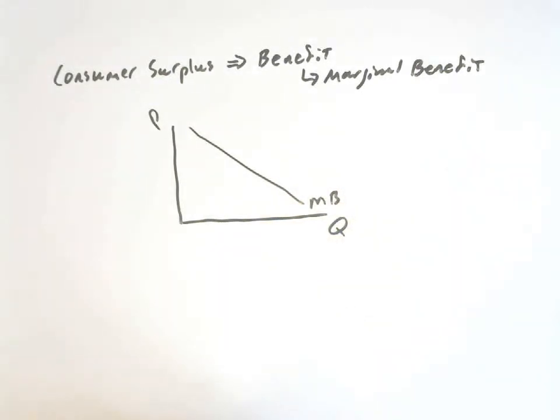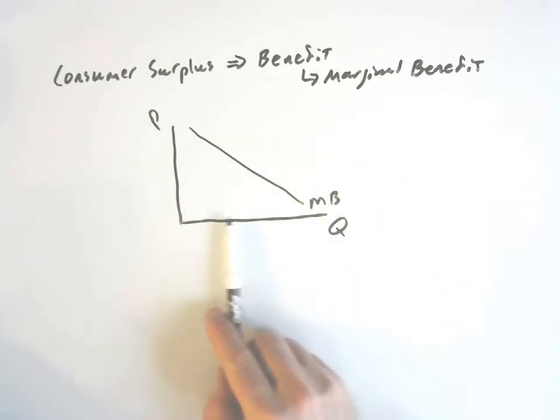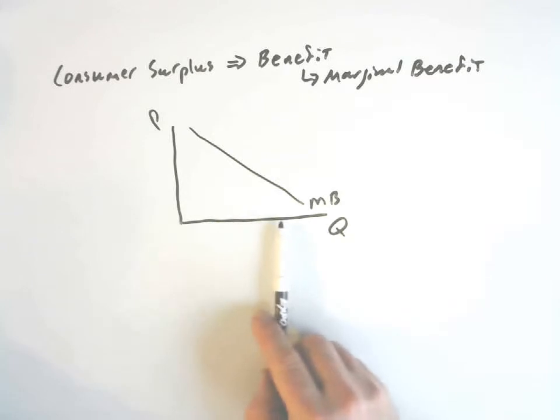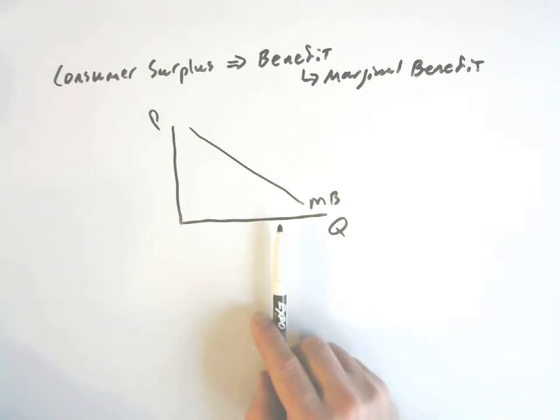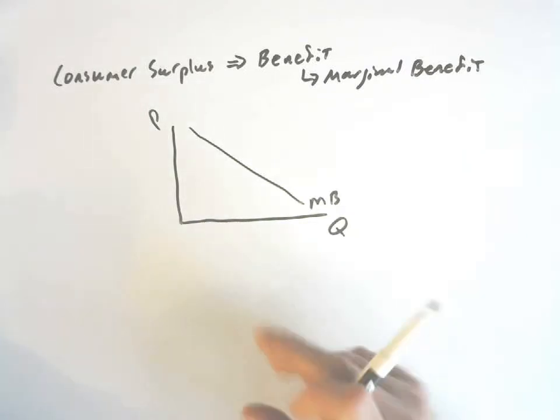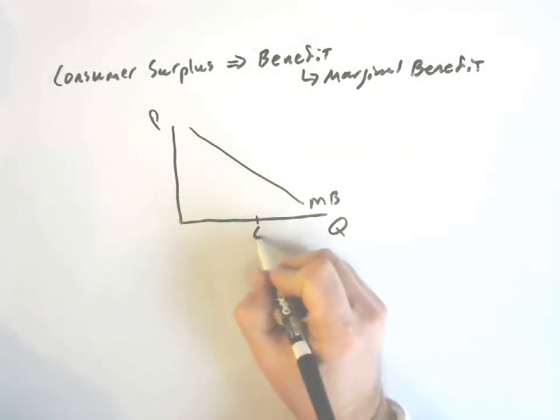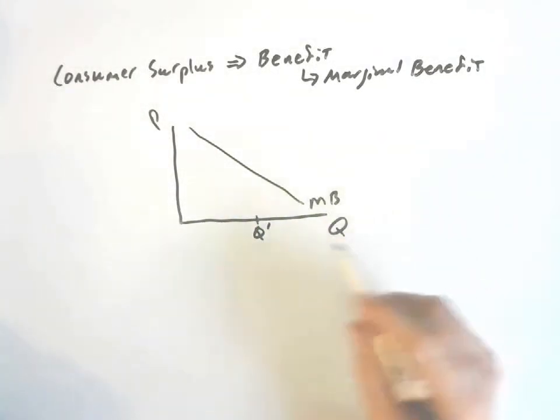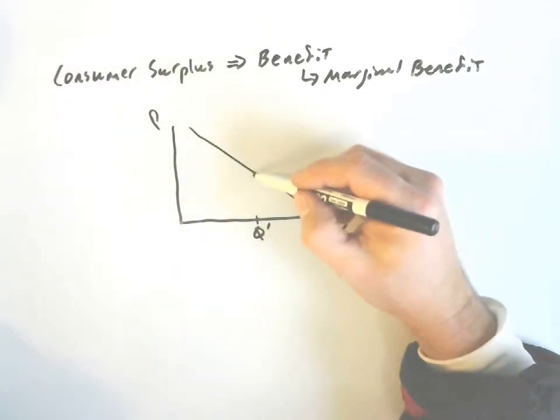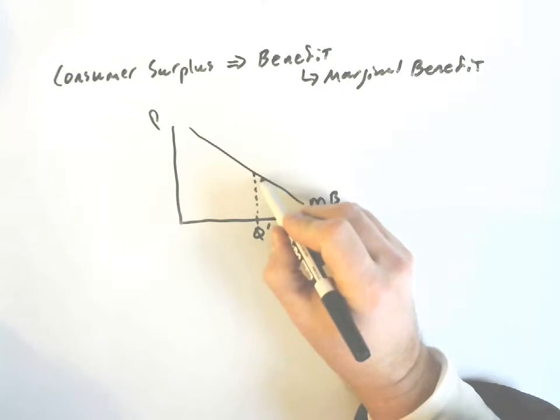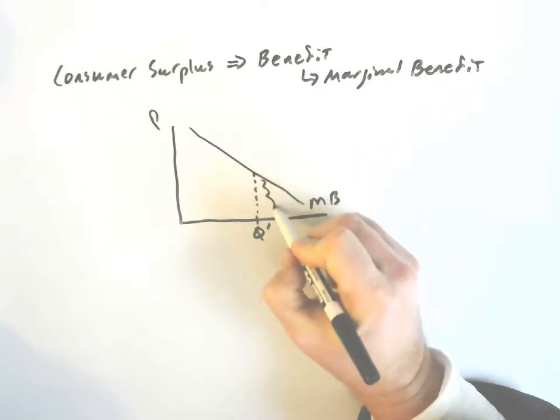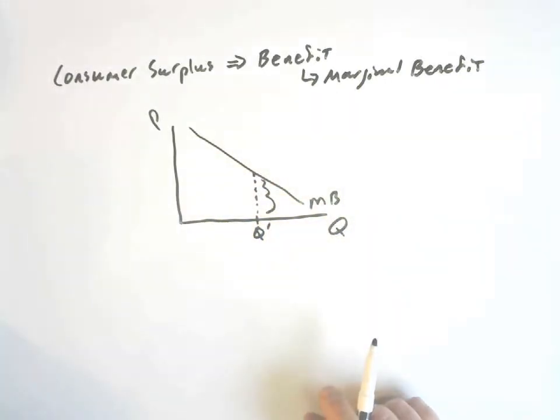Now, the way we view this is that at some quantity, what would I be willing to pay for that last unit? So at some quantity Q prime, what would I be willing to pay for that Q primed unit? Well, I'd be willing to pay the marginal benefit for it, which is equal to that distance there.